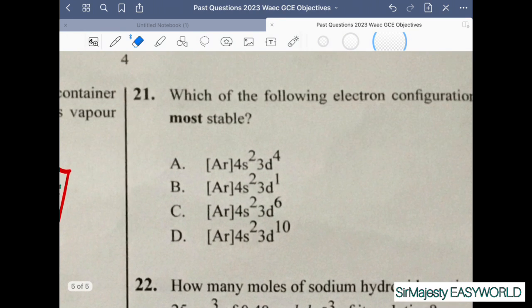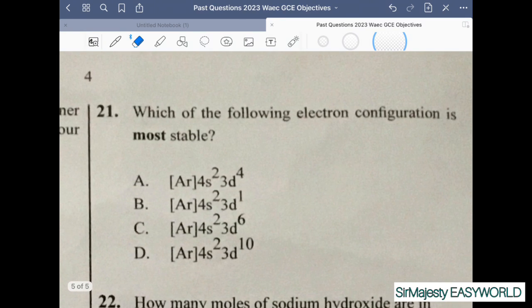Then 21 says, which of the following electron configurations is most stable? We are looking for a noble gas, because noble gases have a stable configuration, which we call octet or duplet. Unfortunately, is there any noble gas that belongs to the d block?